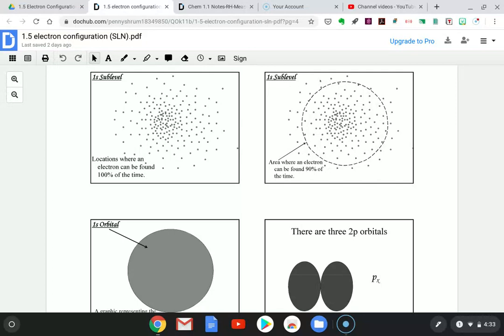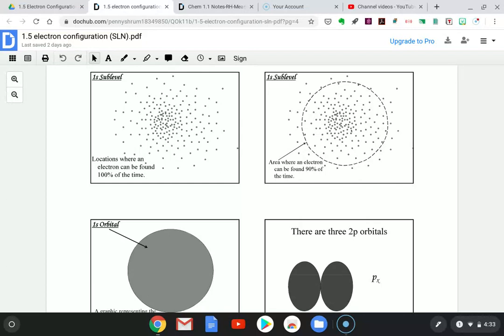You can see the other 10%, it's still pretty close, but it just extends out a little bit further than that. So our 1s orbital or 1s sublevel, again, is where this dotted line is. It's actually a sphere in three-dimensional shape, and it represents where the electron can be found 90% of the time.